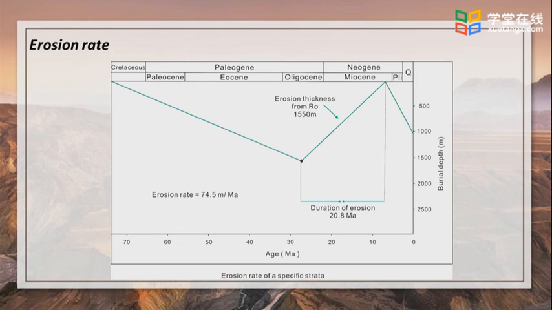Here you can see in the figure it's 20.8 million years. So we divide the erosion thickness, which is 1550 meters, by 20.8 million years, and we can estimate the erosion rate, which is 74.5 meters per million years.